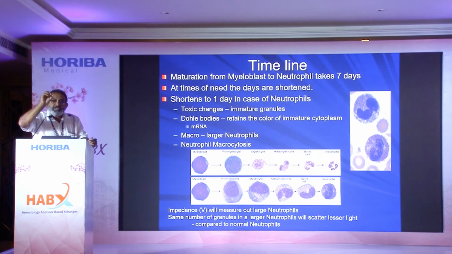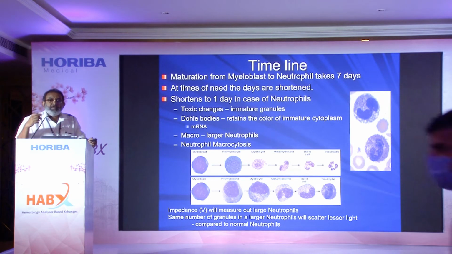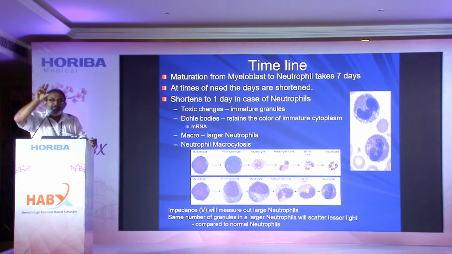The granules do not lose their staining property. They appear granular. That's why you call them toxic granules. And the size of the neutrophil doesn't become half. Neutrophil remains large. So, toxic granules, Dohle bodies, large neutrophils indicate neutrophils which have matured in less than 1 day.